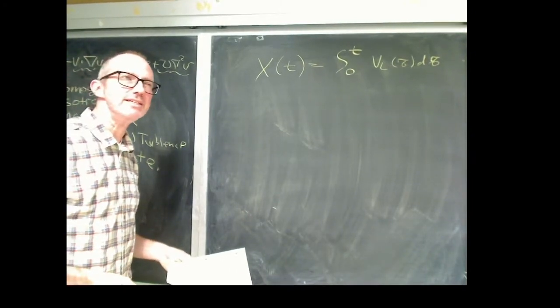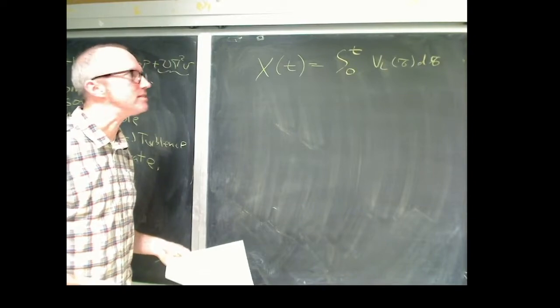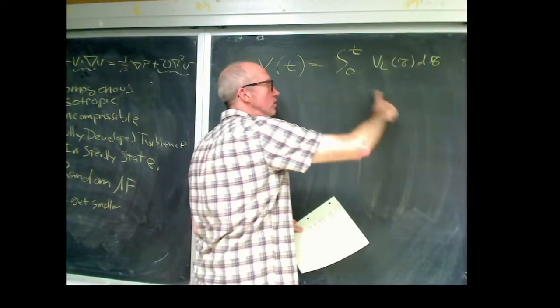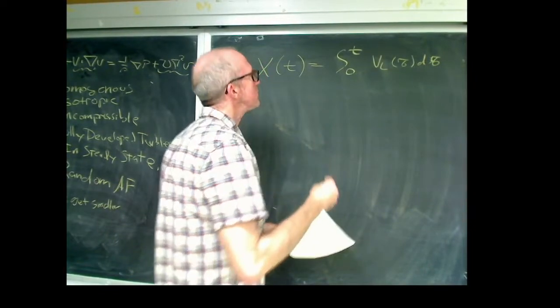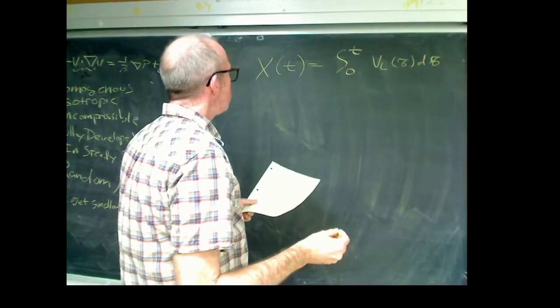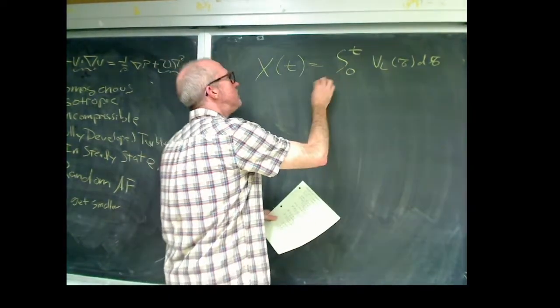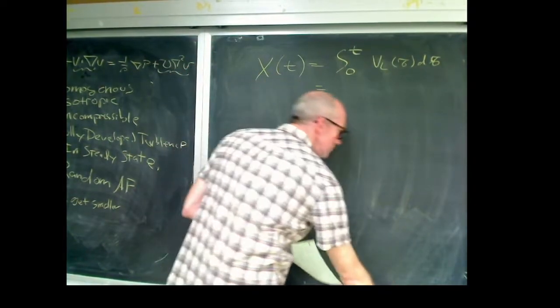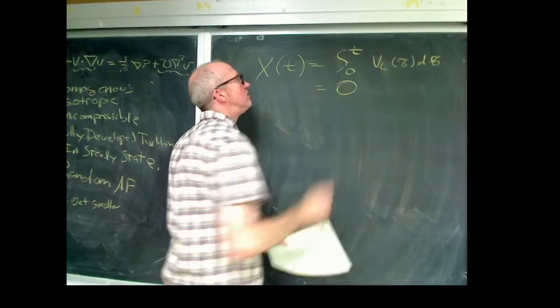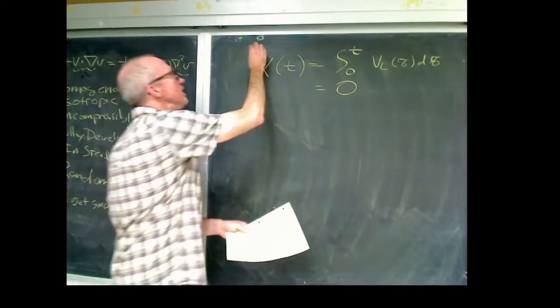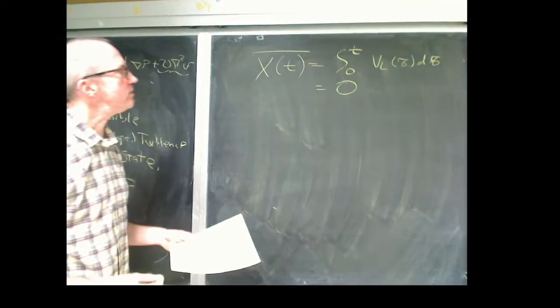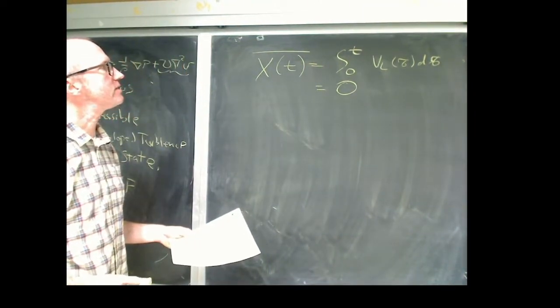There's not really a difference, but we need to make that distinction because this thing is going to follow a world line, whereas a lot of times we're just talking about things stuck in space. And this is going to be 0. Oh, actually, this should be the average. The average of x is going to be 0.